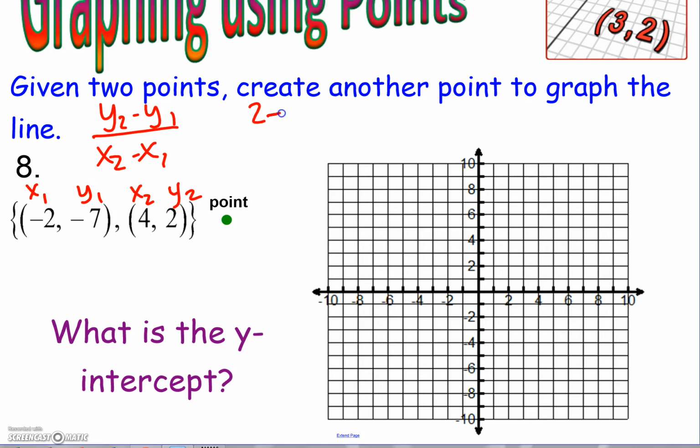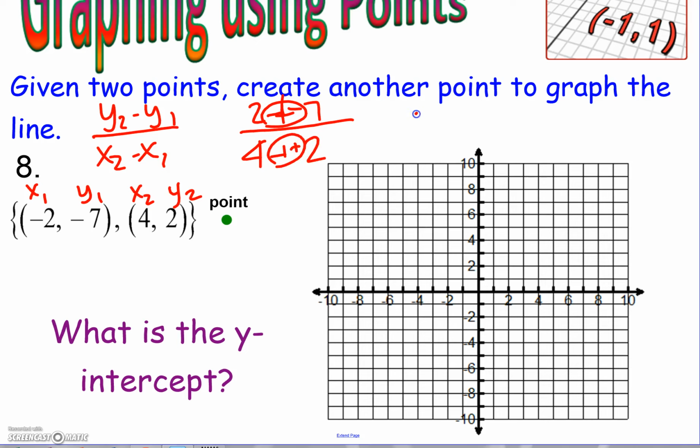So I have 2 minus -7. Remember, that becomes a positive. And then I have over 4 minus a -2, and that becomes a positive. So I have 9 over 6, which is going to be 3 over 2.